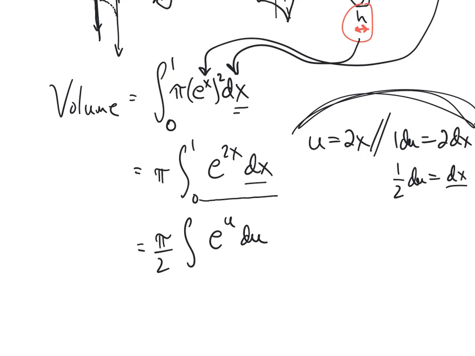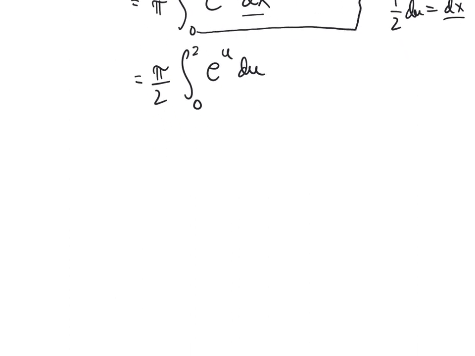Whenever we make a u substitution, we can actually replace the numbers in the substitution with, in this case, 0. So if I replace x with 0, 2 times 0 gives us 0. And if I replace x with 1, 2 times 1 is 2. That's called a change of variable. And what that allows me to do then is take the antiderivative without switching back to x's.